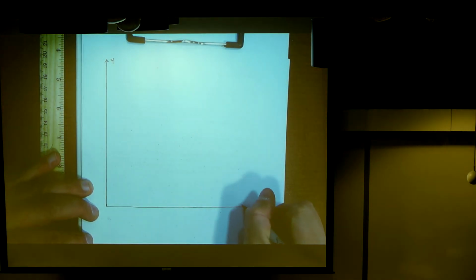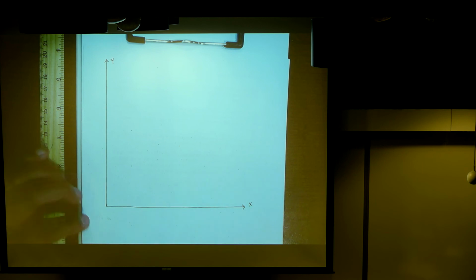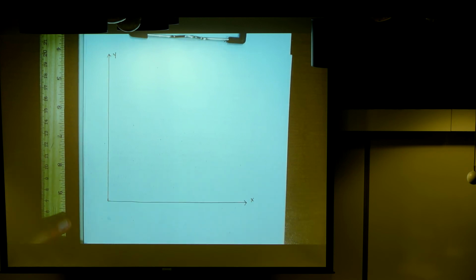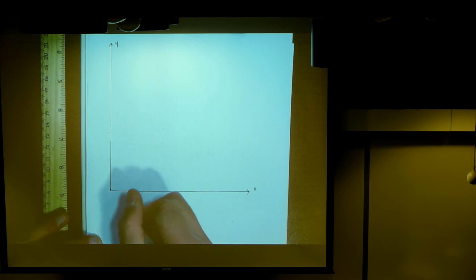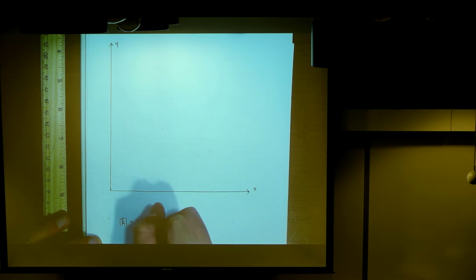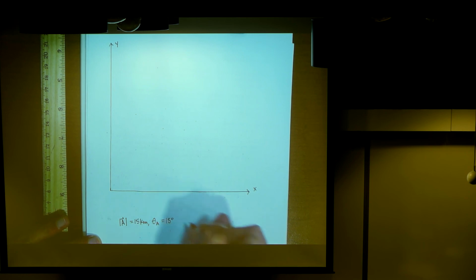Okay, what is my first vector? Let's just kind of do some side note work here. We say vector A has a magnitude of 15 kilometers, and the direction of this vector, which I'll call theta A, is 15 degrees.